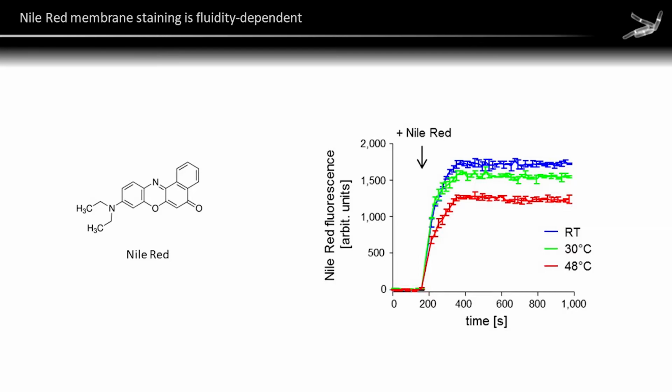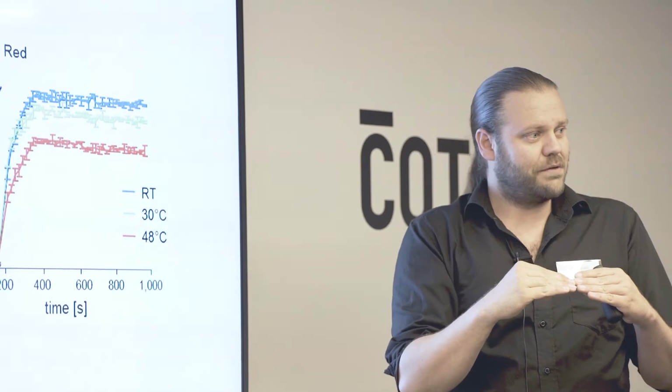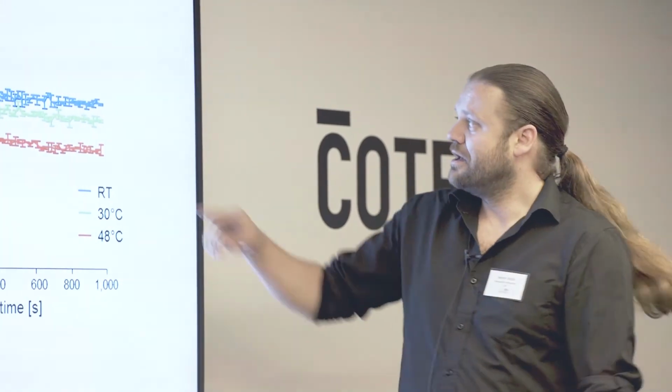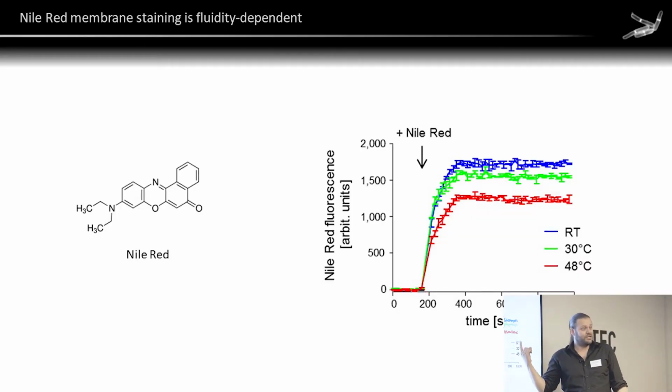Basically, these are dropped to lower temperature, which would cause the membrane to become less fluid and more rigid, and these are increased in temperature, which will make the membrane more fluid than in cells that have adapted to it. And we can see this nice gradual change in the staining intensity, implying Nile red is either showing higher fluorescence in more fluid membranes, or it could just accumulate there better. So anyway, it's actually sensitive to membrane fluidity in vivo.